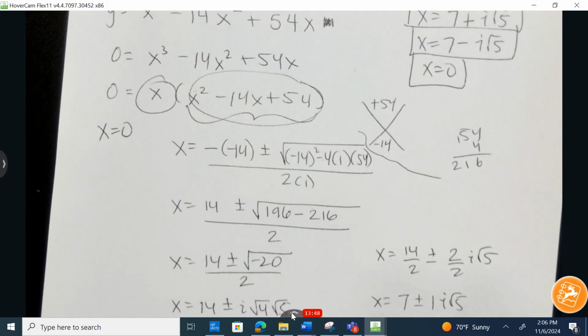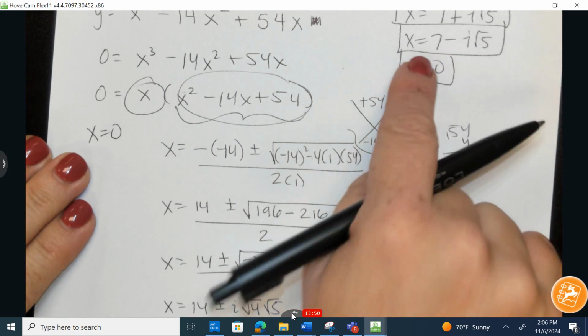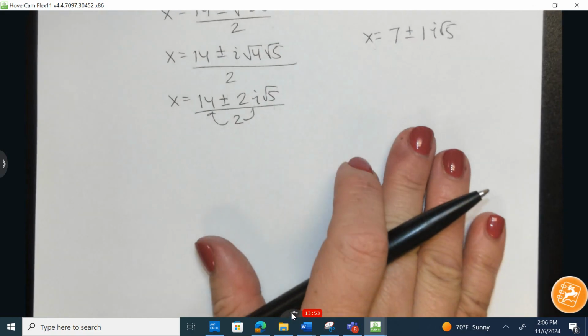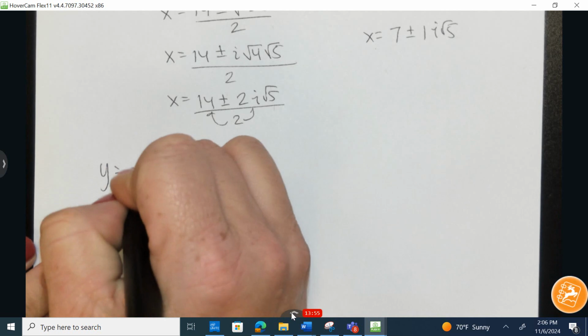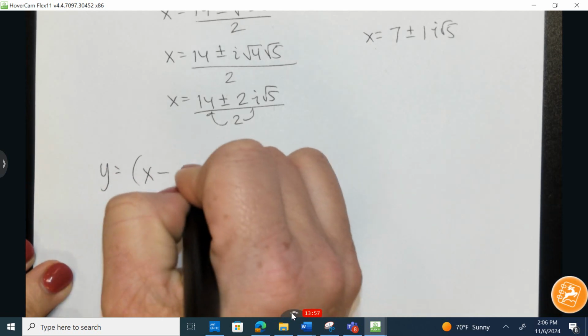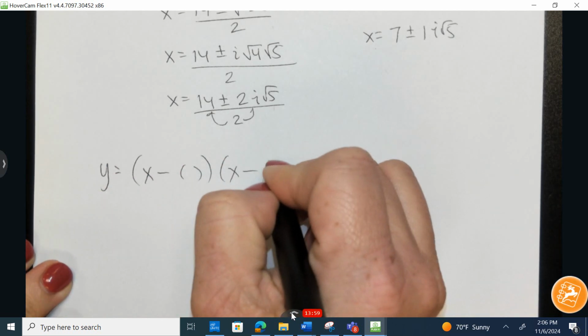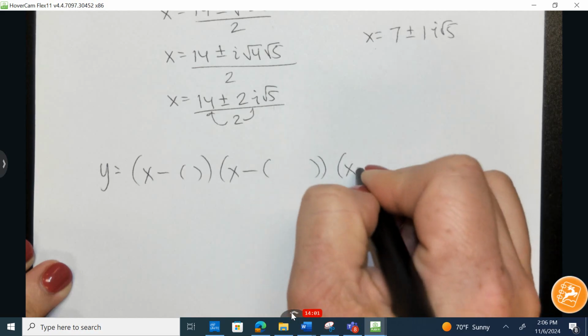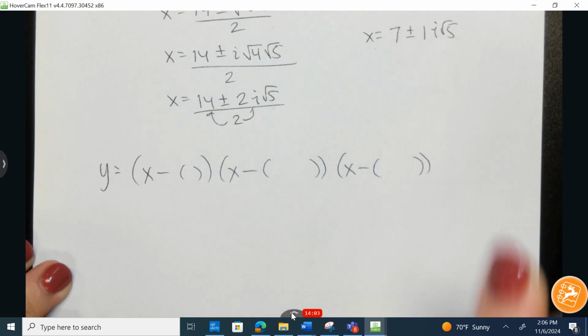They contain i's. Lastly, I'm going to take these solutions and write it as a product of linear factors. The order you write these in does not matter.